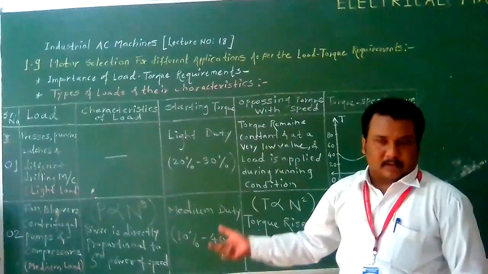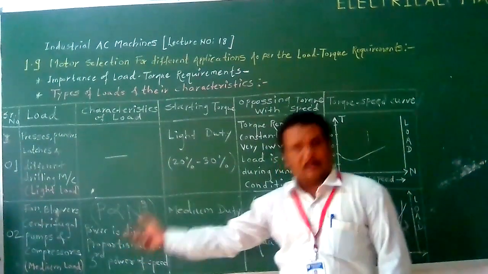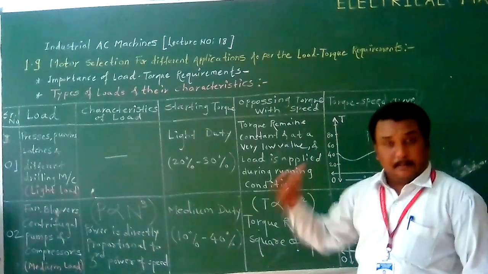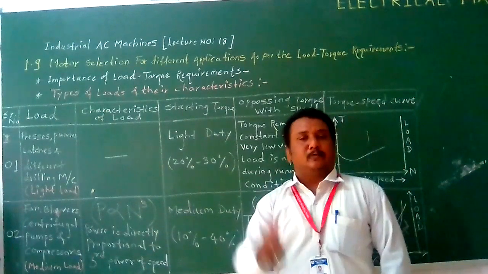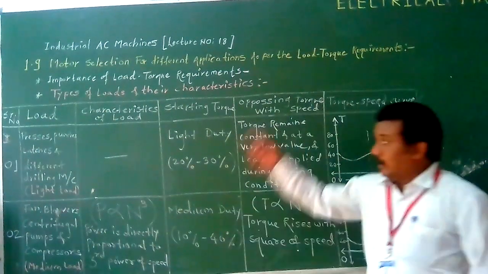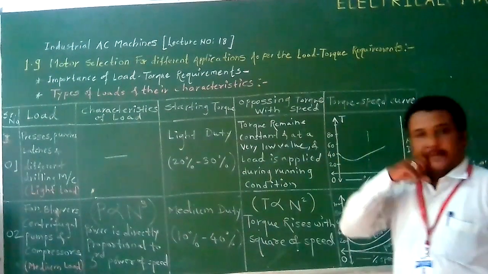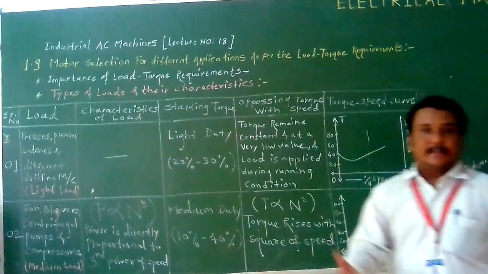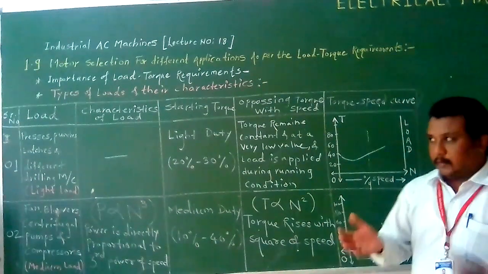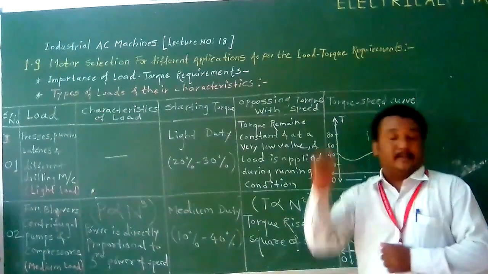Now the starting torque. This belongs to medium load, so it comes under medium duty, and its percentage is 10% to 40%. Now, opposing torque: when the load increases, since these are high speed applications, speed also increases.